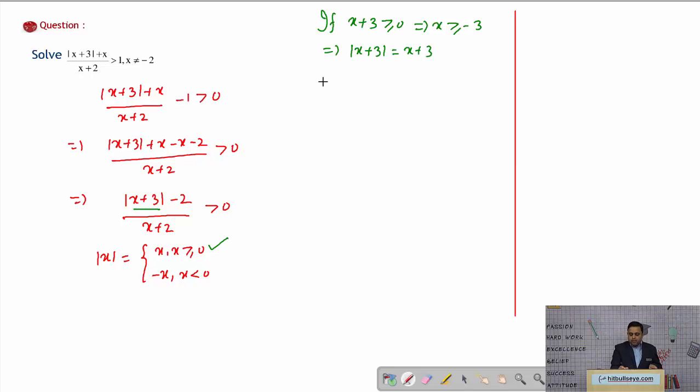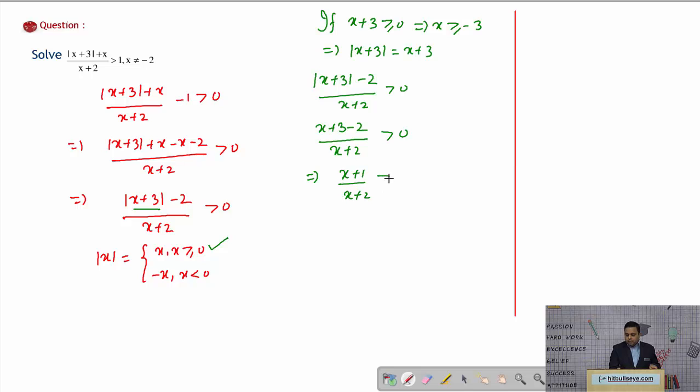So that means I can write the given expression as x plus 3 minus 2 upon x plus 2 greater than 0, or it is equal to x plus 1 over x plus 2 greater than 0.